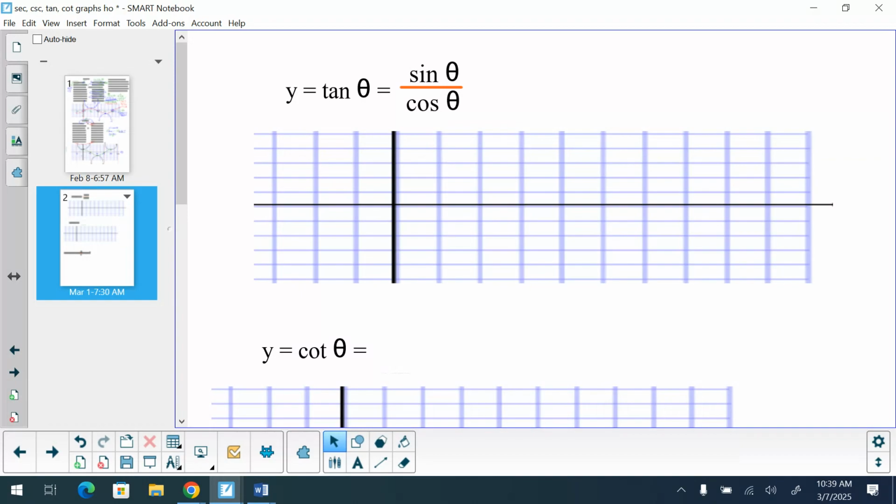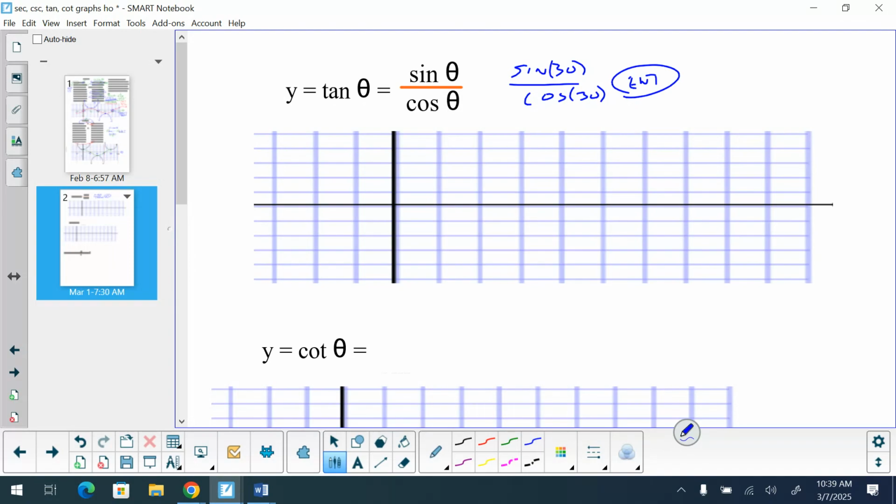Try it. Take the sine of 30 divided by the cosine of 30 and hit enter. Okay? Then the next line, take the tangent of 30 and hit enter. You get the same value.